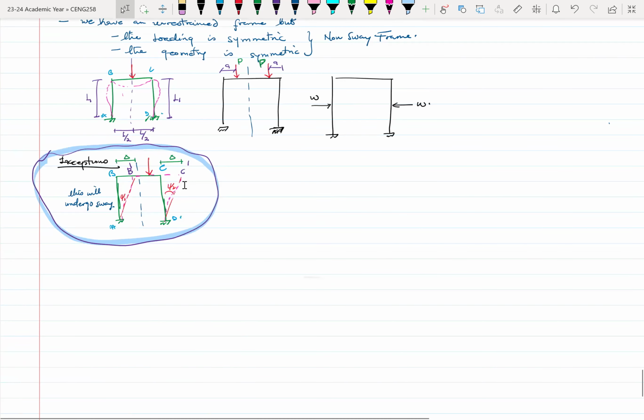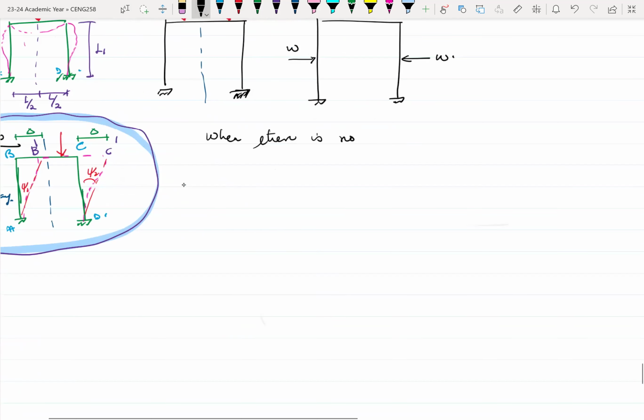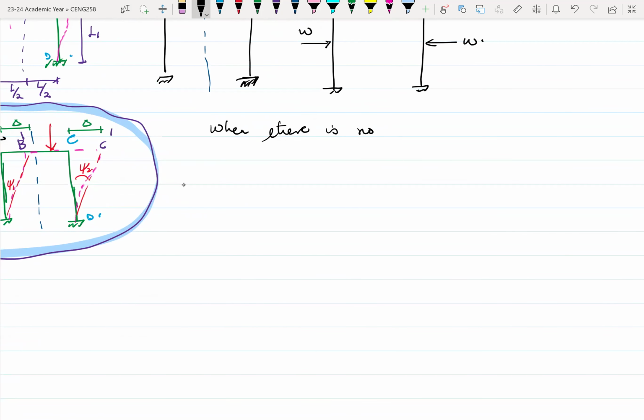So usually when there's no sway, the psi is 0, regardless.